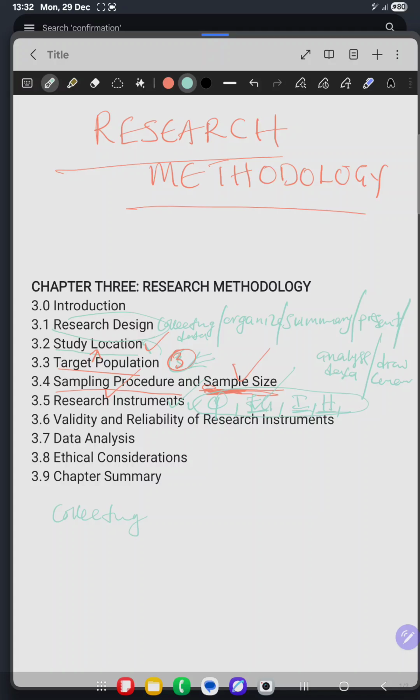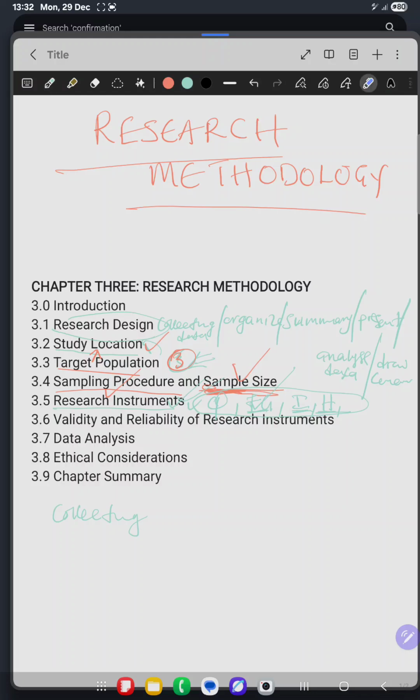Observations are a type of research instrument where you need to go out there and observe yourself why certain things are happening in that particular order. So that's what we mean by research instruments. They are simply the tools that you are going to use in order for you to collect data.